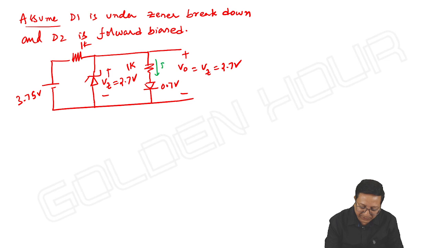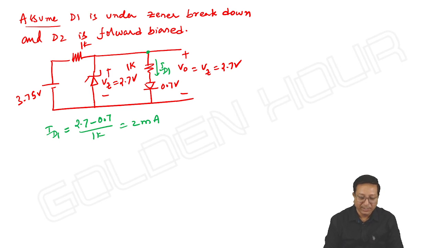Let me take this as ID1. What about ID1? Here the voltage at this point is 2.7 minus 0.7 by 1 kilo ohm. It is 2 milliampere. IZ, the current through the Zener diode from cathode to anode, we need to find.